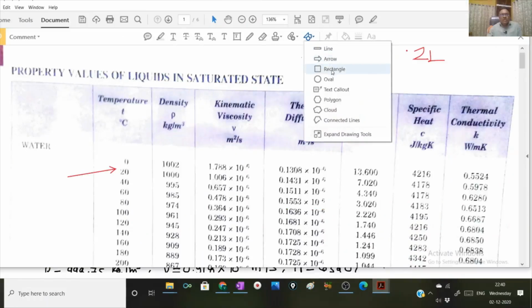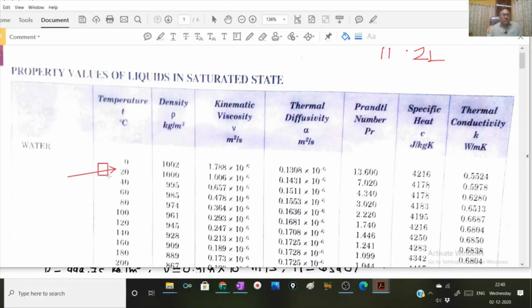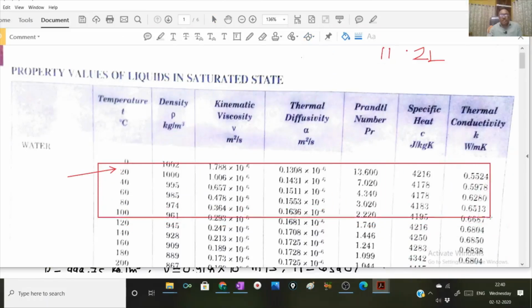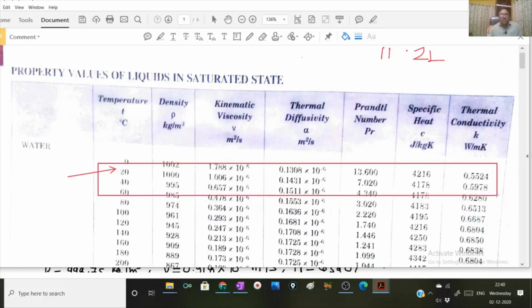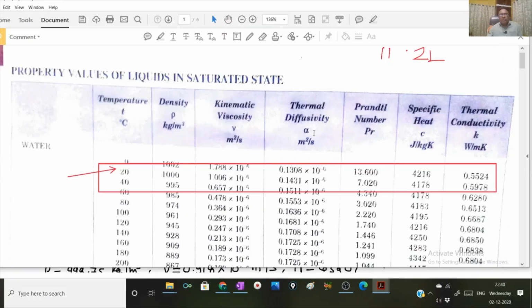So I'll be taking these two temperature ranges to calculate thermophysical properties of water like density, kinematic viscosity, thermal diffusivity, Prandtl number, specific heat, and thermal conductivity.